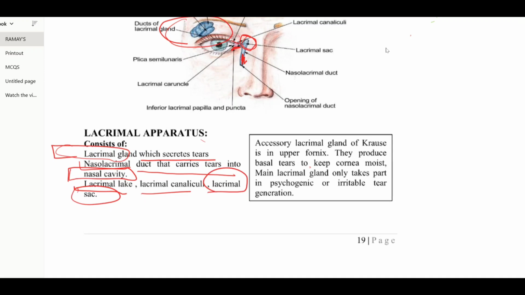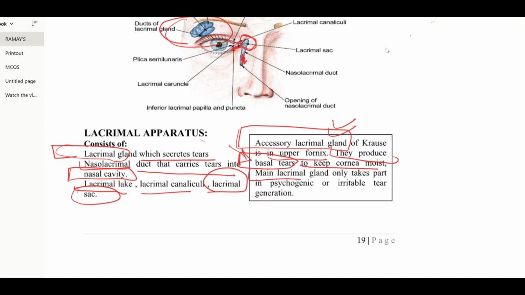Besides the main lacrimal gland, there are accessory lacrimal glands present, known as the accessory lacrimal glands of Ross, which are in the upper fornix. They produce basal tears. So in normal conditions, these are the glands which produce the tears and keep the cornea moist.